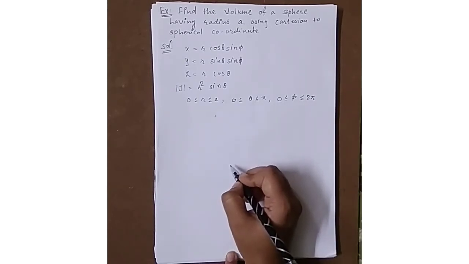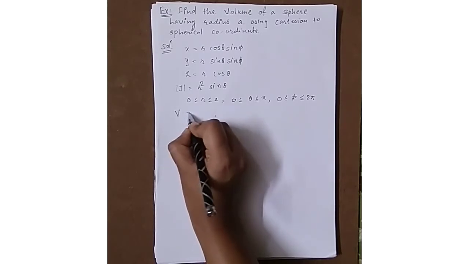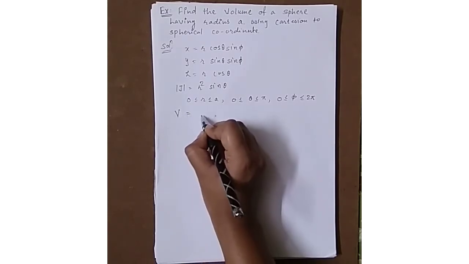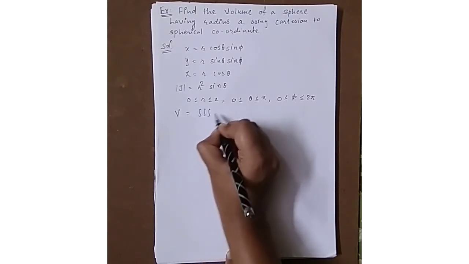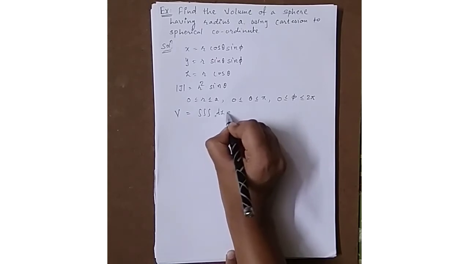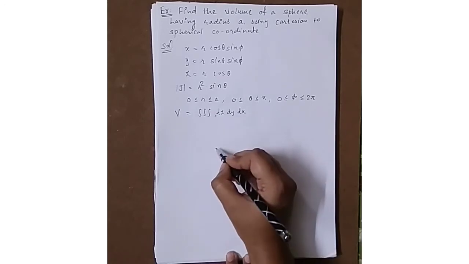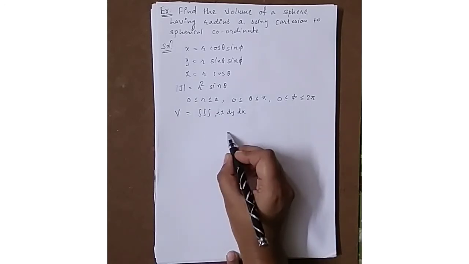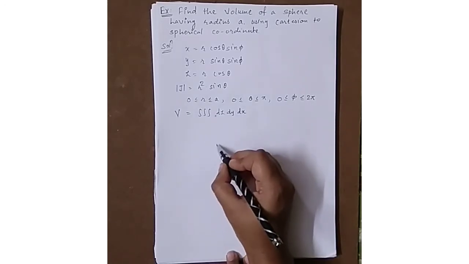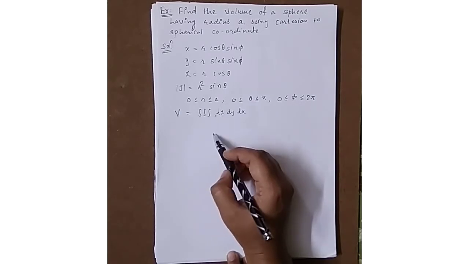So volume V is equal to the triple integration of dz dy dx. Now we are going to change this Cartesian coordinate into spherical coordinates.